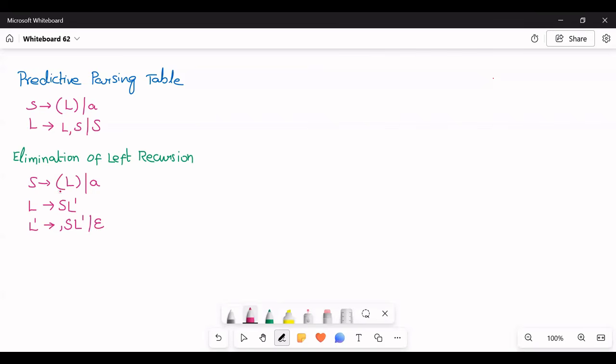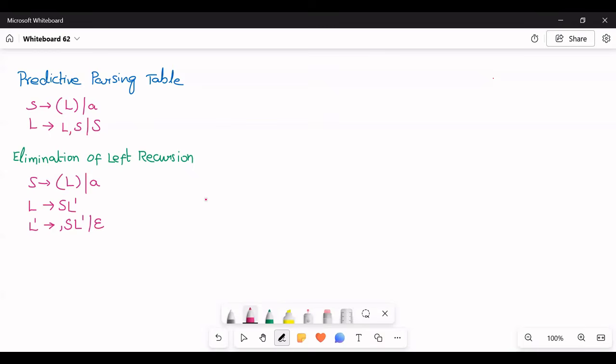There is no common symbol. Common symbol means from the left end we have to check the common symbol. So here open parenthesis, here a. The L production has only one production, so no need to check anything. Here comma and epsilon. So the first step is over, and the second step is also no need to do, because there are no common symbols. So no need to do left factoring.